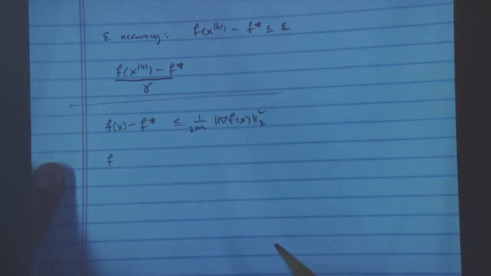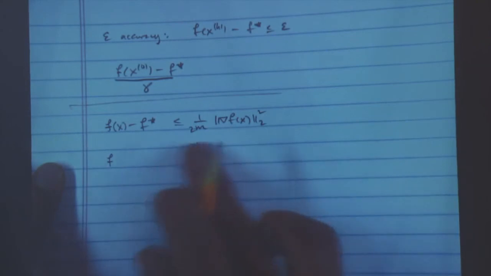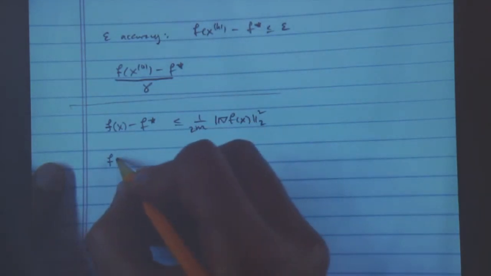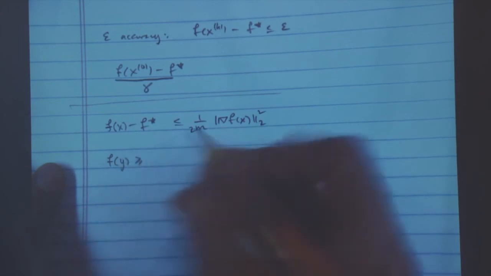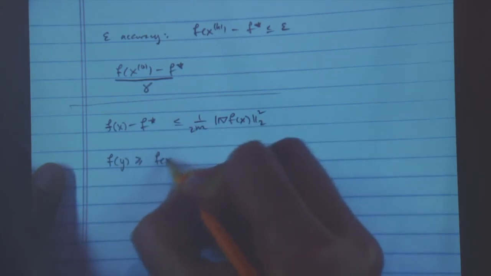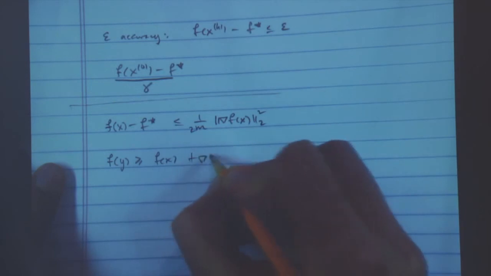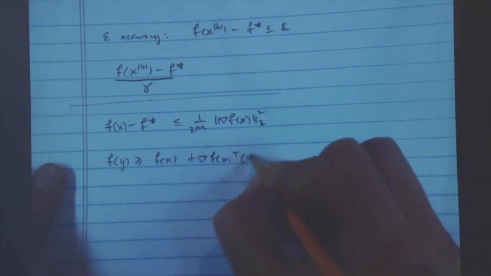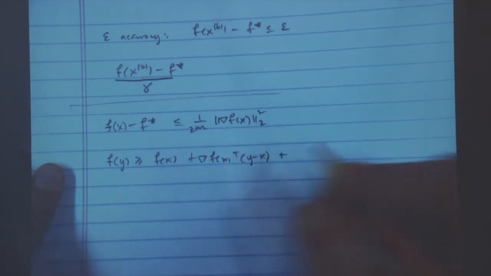So we know that if a function is strongly convex with parameter m, then the following is true. For any y, we can say that f of y is bigger or equal to f of x plus the following quadratic expansion: m over 2 times the norm of y minus x, squared.